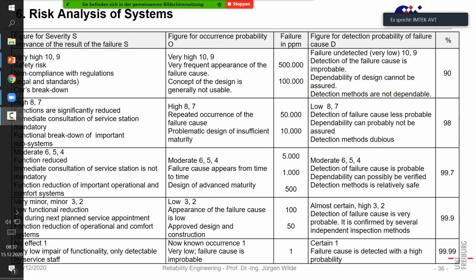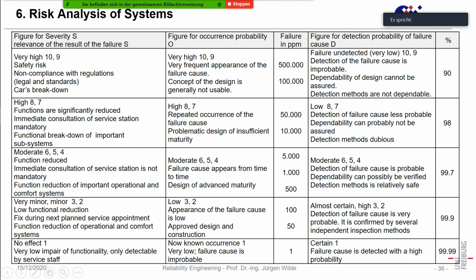Okay, now let's have a look at the individual judgment of these risks. And so we have severity. That's here for the example of the automotive industry.